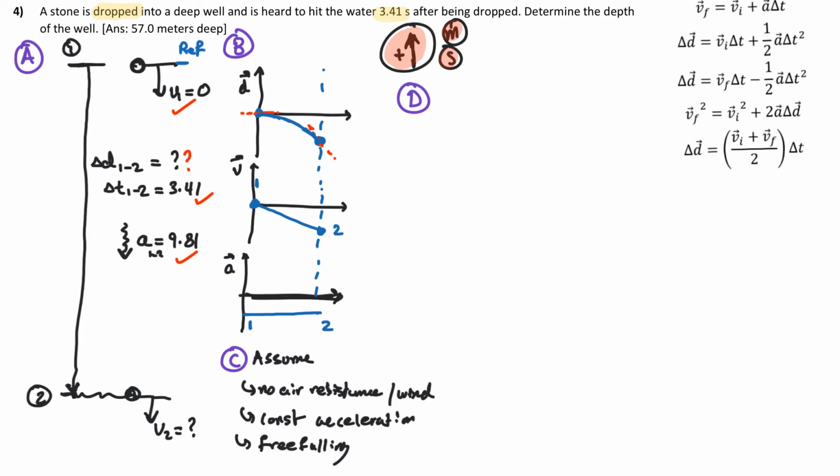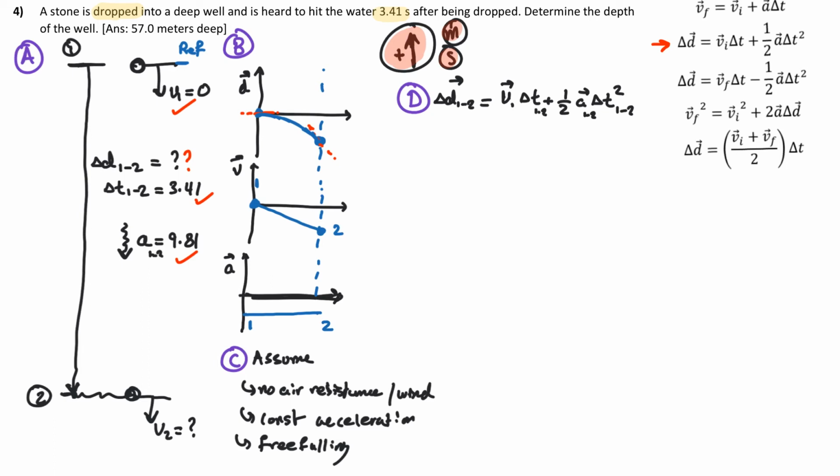Similar diagrams. I'm going to highlight this equation first because that's what we're using, and then I'm going to write it down. So the displacement from 1 to 2 is going to equal the initial velocity multiplied by the change in time plus 1/2 of the acceleration multiplied by the change in time squared. And this is acceleration from 1 to 2, change in time from 1 to 2.